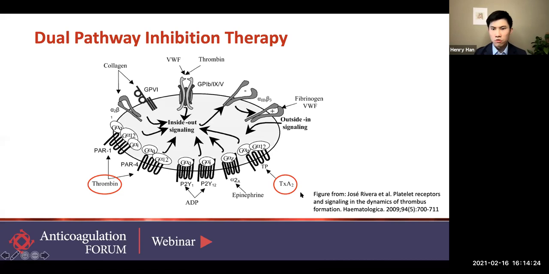I've highlighted here 2 of them, thromboxane and thrombin, which are inhibited, the thrombin by rivaroxaban, a factor 10A inhibitor. And then thromboxane is downstream of cyclooxygenase, which is inhibited by aspirin. So this is sort of the mechanistic explanation for why the studies initially thought to try aspirin and rivaroxaban.